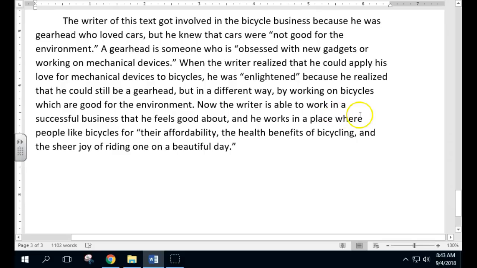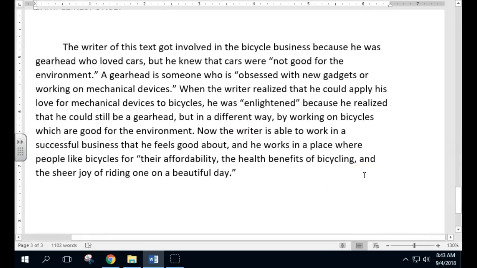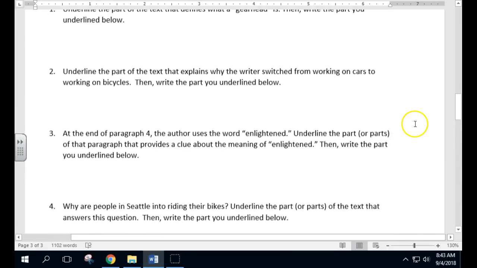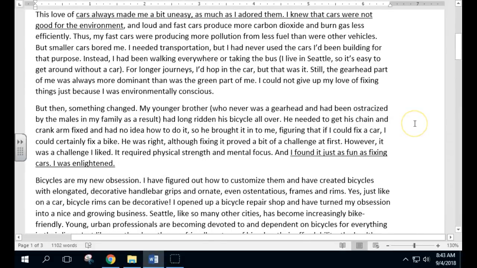Now the writer is able to work in a successful business that he feels good about, and he works in a place where people like bicycles for, straight out of the text here, their affordability, the health benefits of bicycling, and the sheer joy of riding one on a beautiful day. So notice I didn't use everything I had annotated.